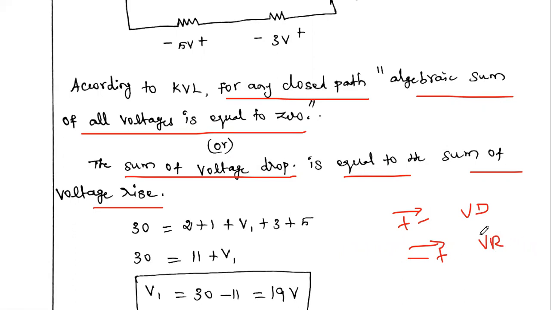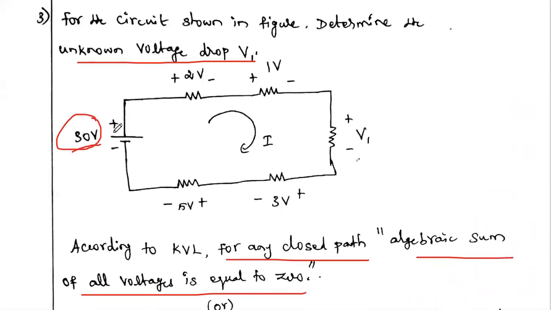So you add the voltage rises of the circuit on one side and the voltage drops on the other side, and the two sums are equal. This is the KVL. Here we are going to write the KVL equation for this circuit. We start from this point.